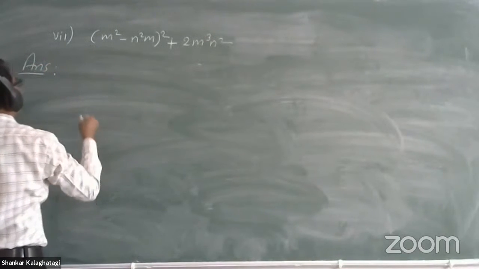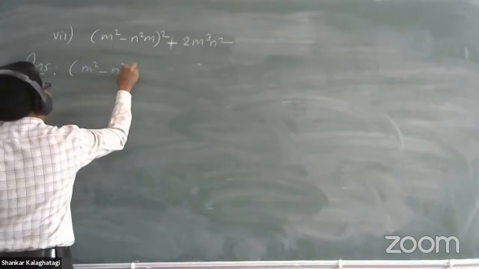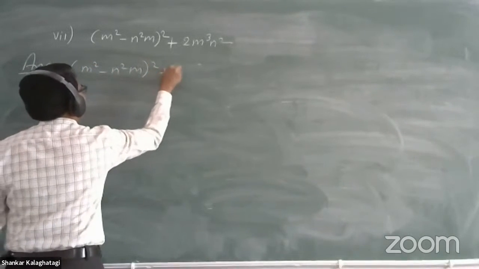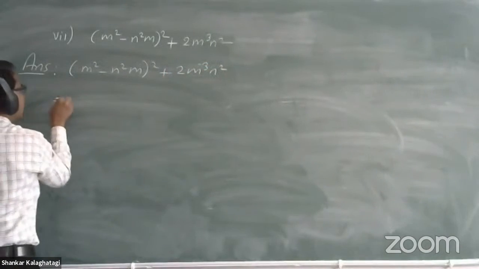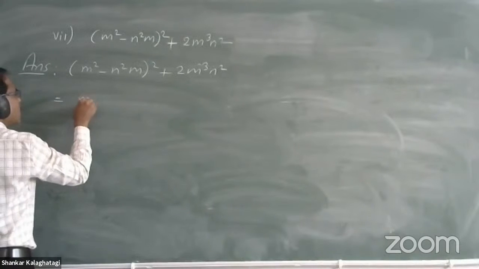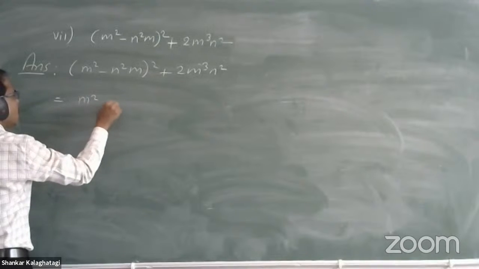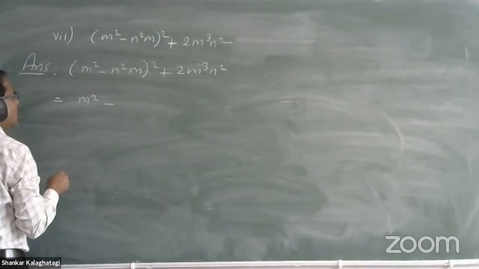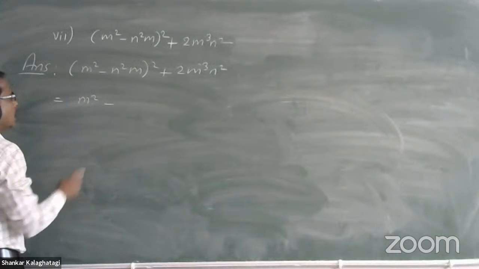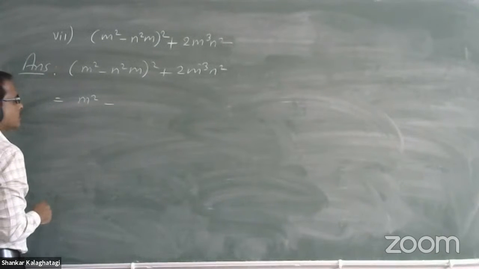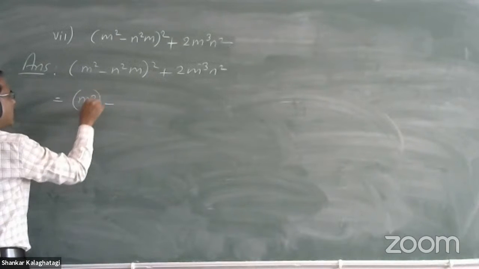Okay, tell me. (m²)² minus, first I'll write the question, plus 2m³n². Okay, next step you tell me. m² squared minus 2 times, you did not tell this term completely. First term, m² squared.